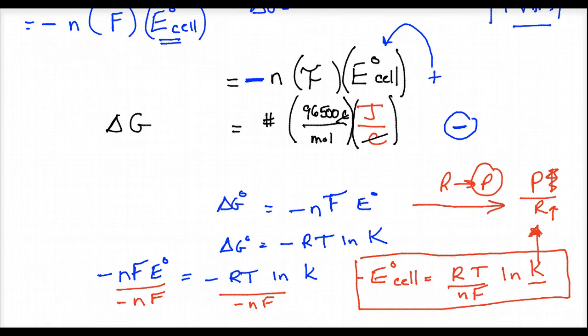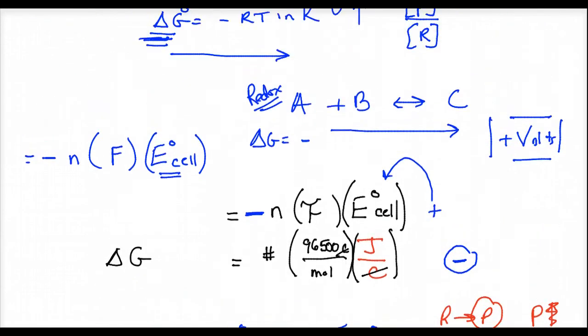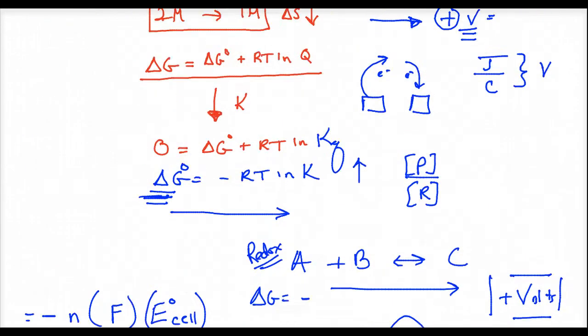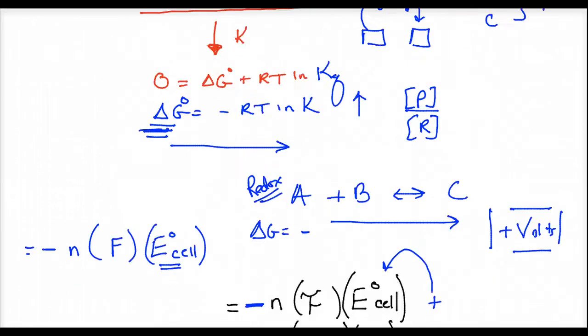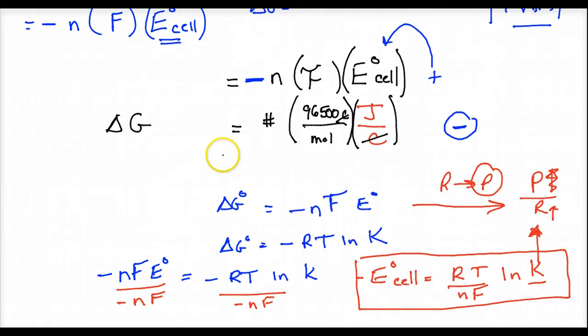The last and final derivation, of course, is the Nernst equation. We'll look at that from the perspective of delta G equals negative nFE.